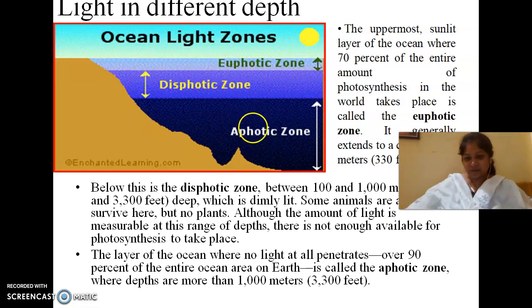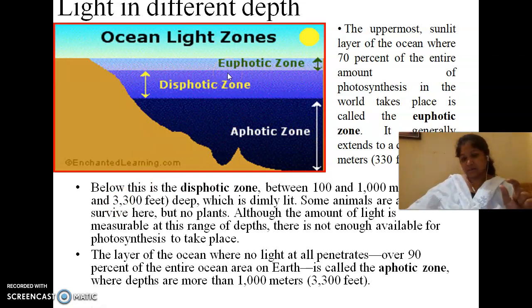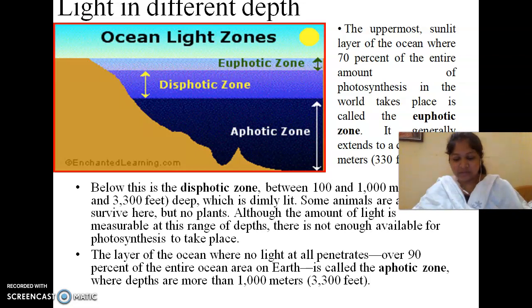After that, the aphotic zone, where there will be no light. From this figure, it is clear that the euphotic zone is a very thin layer of the ocean. The dysphotic zone is slightly greater than the euphotic zone, and the aphotic zone is the maximum area of the ocean.